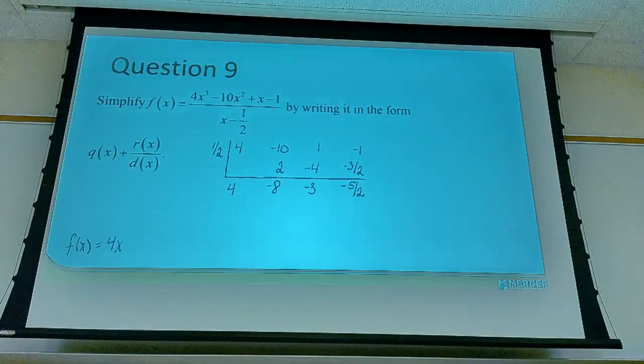Right, so f of x simplifies to 4x squared minus 8x minus 3 minus 5/2 over x minus a half. Yeah, we don't like that though.